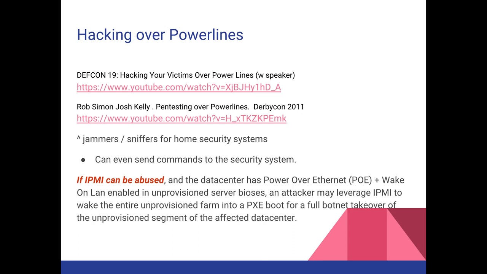And what they show is a number of techniques. I'll share some of them. They also focus on some of the RF side, so there's Bluetooth and Z-Wave stuff for hacking home automation. But the point is that most people don't realize that an outside power plug, if an attacker has access to that, they can severely impact some of your physical security systems.